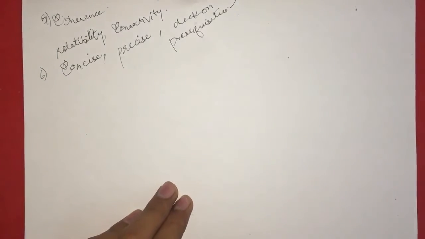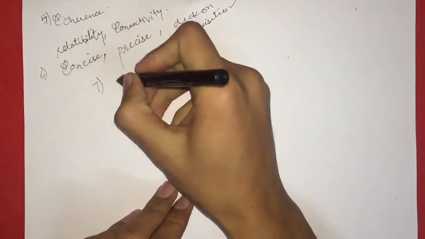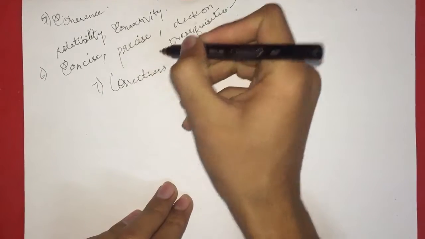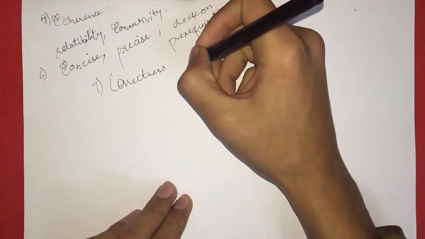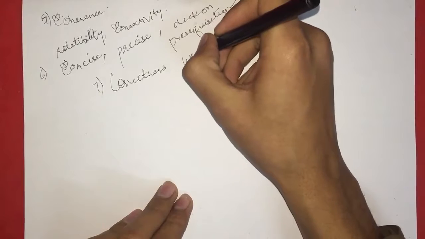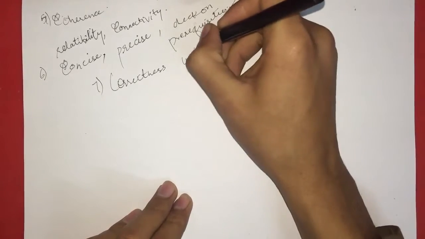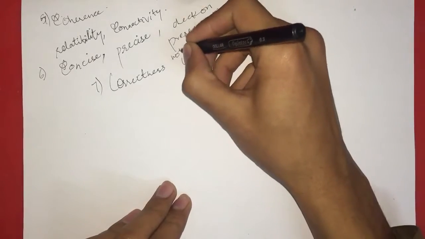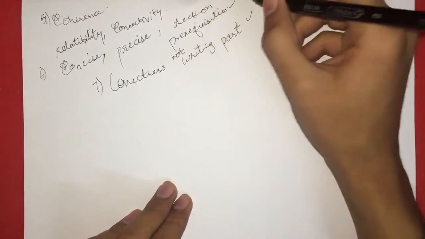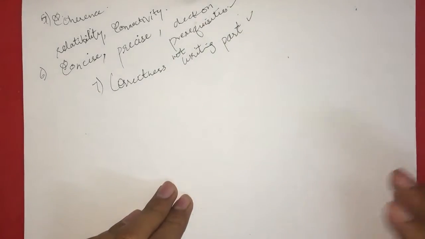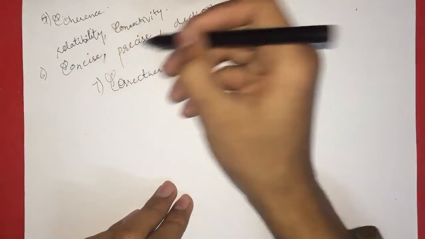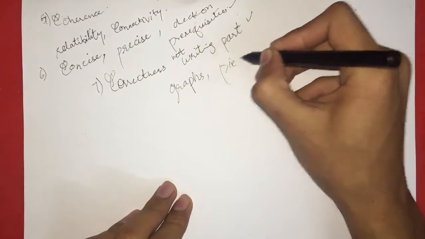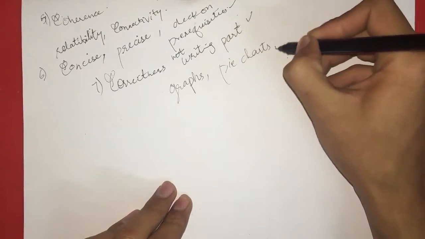And the last thing you have, correctness. As the teacher told us today, correctness is basically not related to the writing part. Correctness is mostly used in presentations. In presentations, instead of writing everything down, you convert all of that writing into graphs or pie charts or tables.